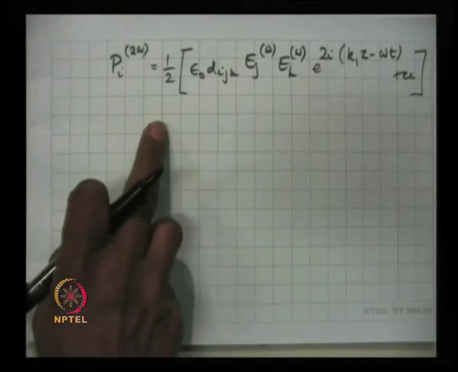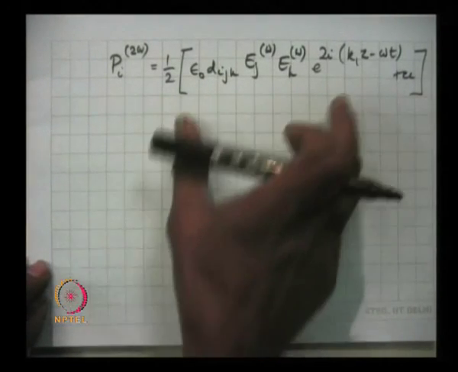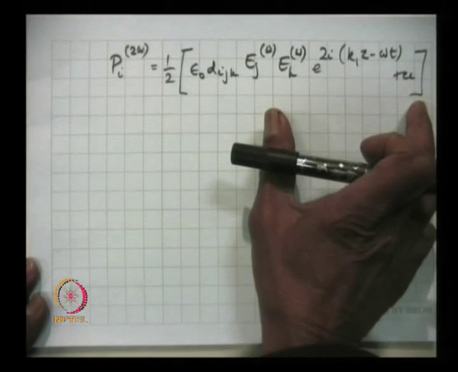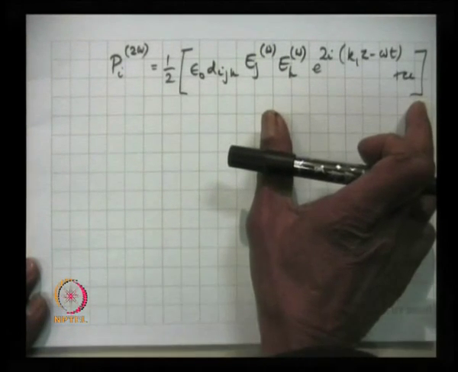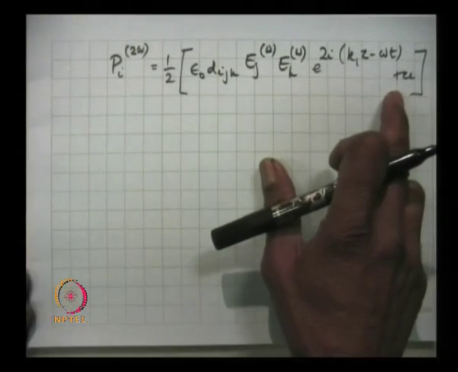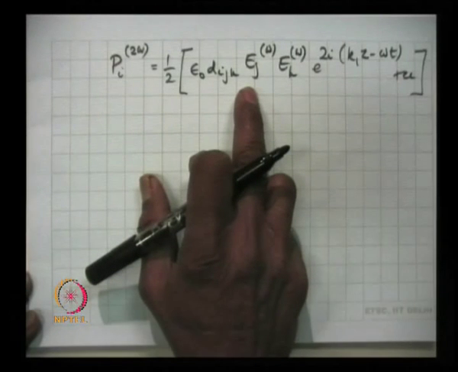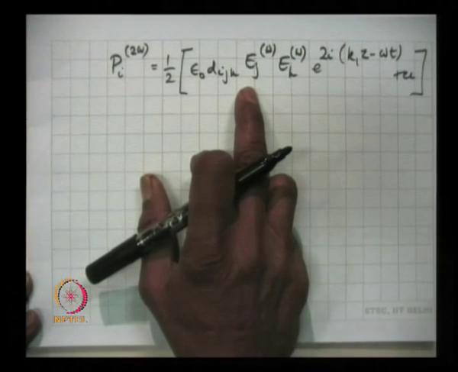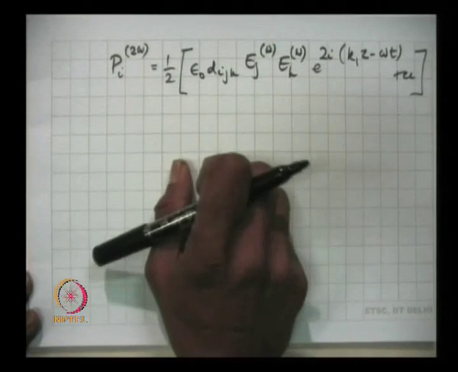So this expression is exactly like the electric field, half of a component plus its complex conjugate. Just like I wrote before, P nonlinear at 2 omega is half of something into exponential this thing plus complex conjugate. Remember, we had obtained E square earlier, epsilon 0 d E square. Now, E square is actually E_j omega E_k omega.